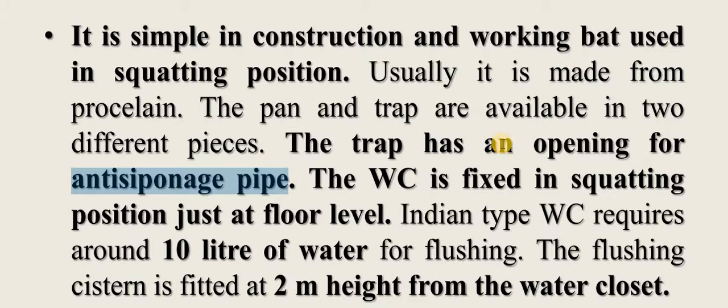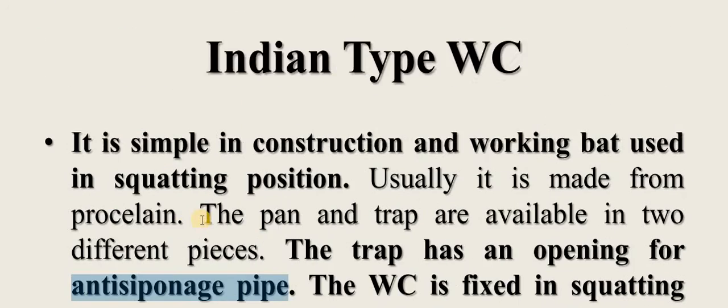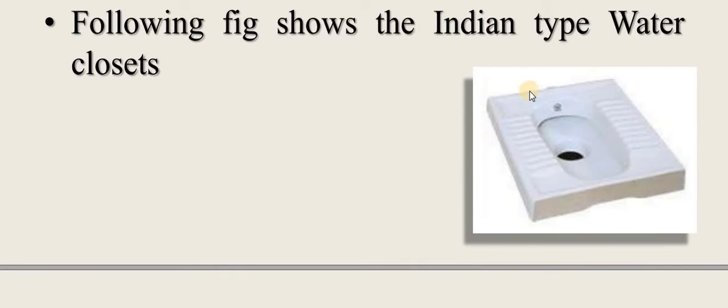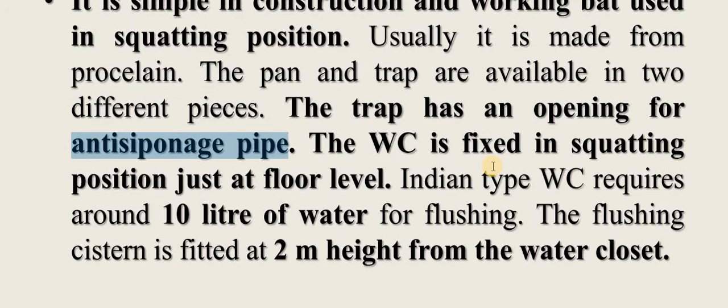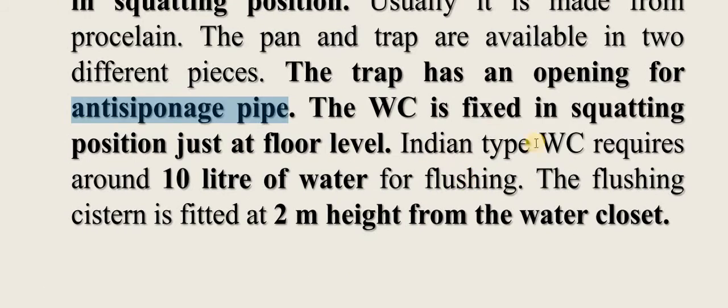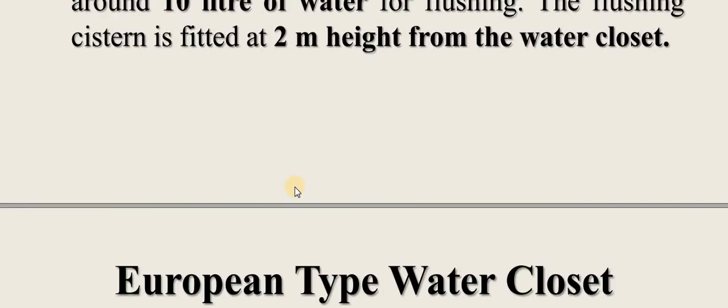The WC is fixed in squatting position just at floor level, not below the floor level. The Indian type WC requires around 10 liters of water for flushing, and the flushing system is provided at a height of 2 meters from the water closet.